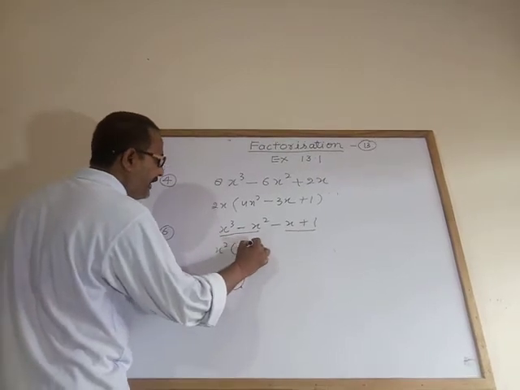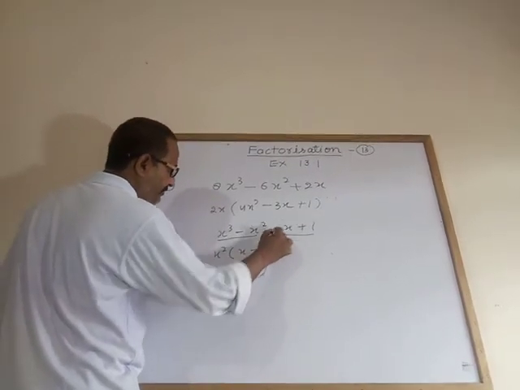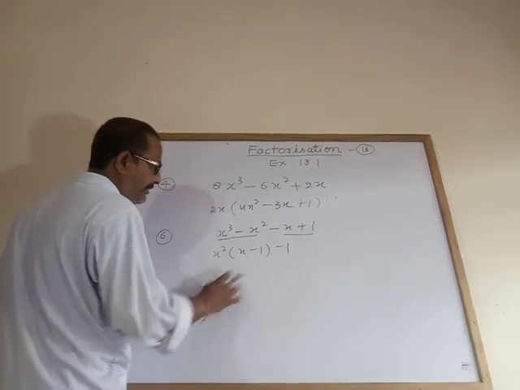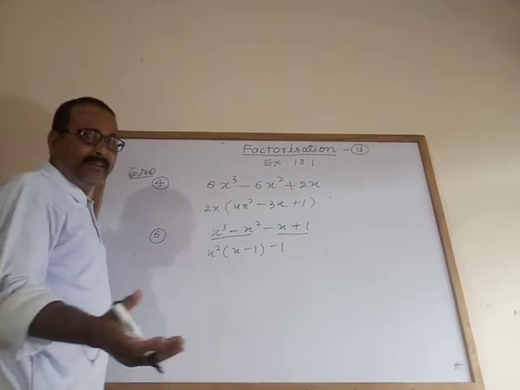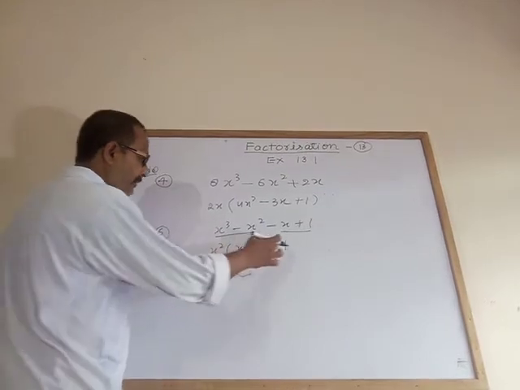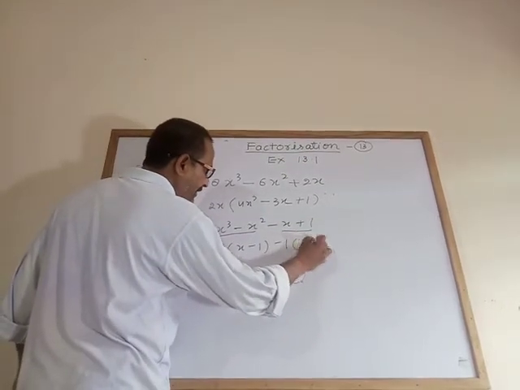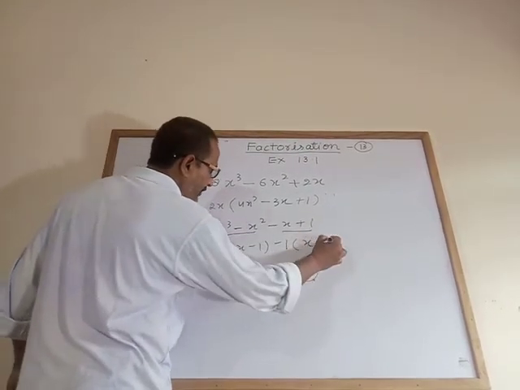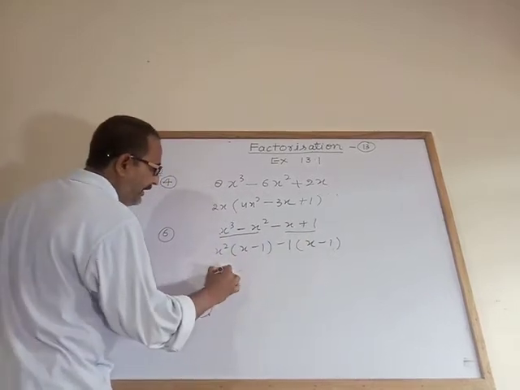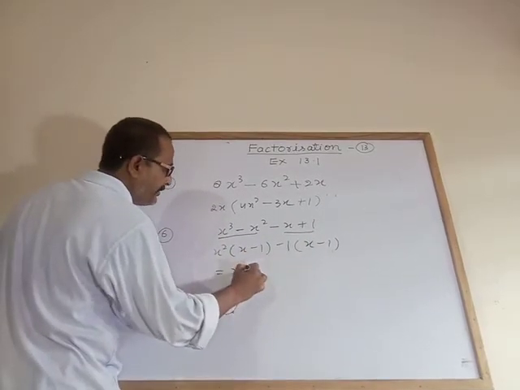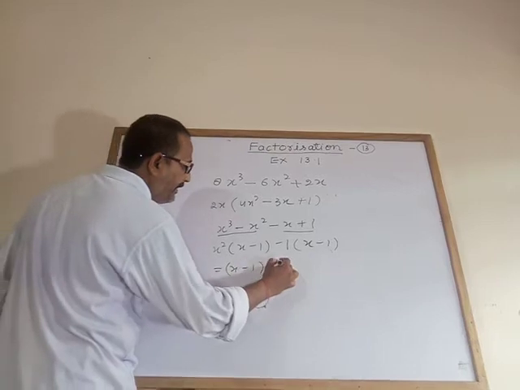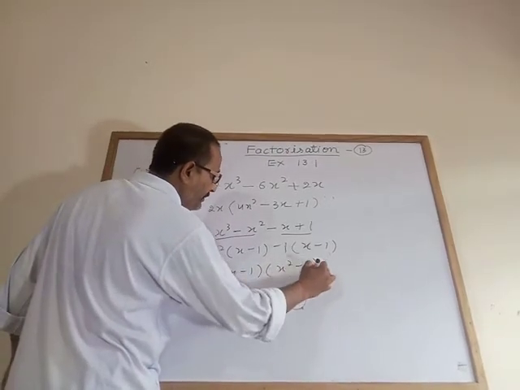What is remaining, x minus 1. Common, 1 is the factor of all the terms, all the numbers. What is remaining, x plus into minus 1, means x minus 1, here x square minus 1.